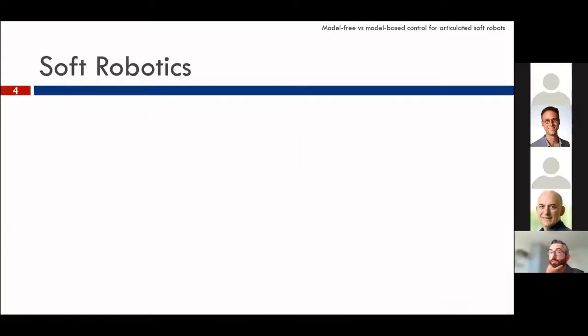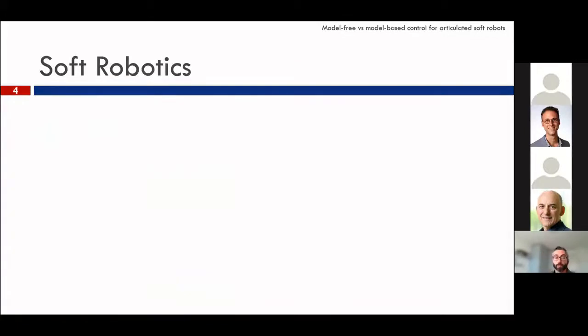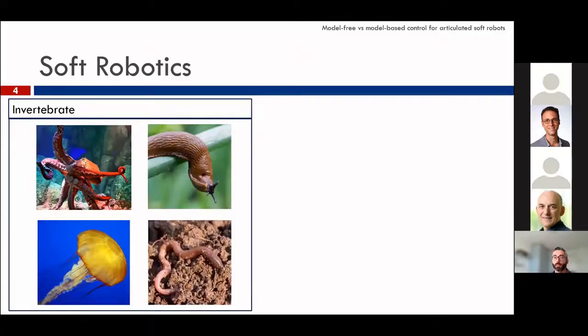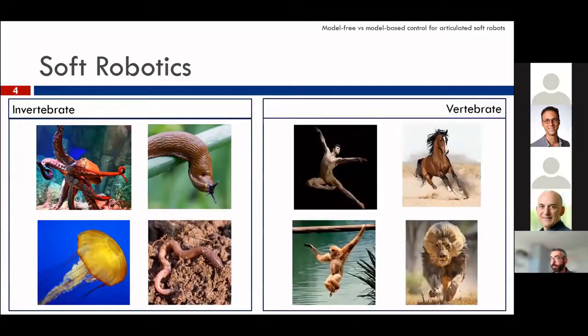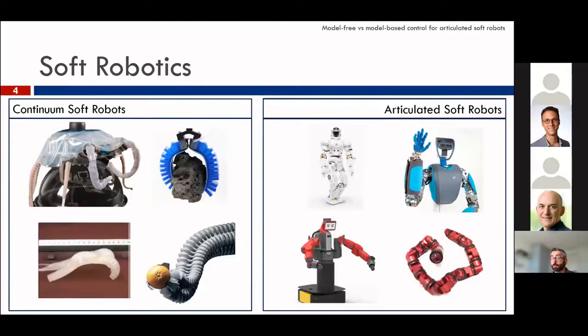The second solution is known as soft robotics, and we can categorize soft robots into two main groups, both inspired by animals. In one case, they are inspired by invertebrates, and in the second case, by vertebrates. The first class is known as continuum soft robots, while the second one is known as articulated soft robots.